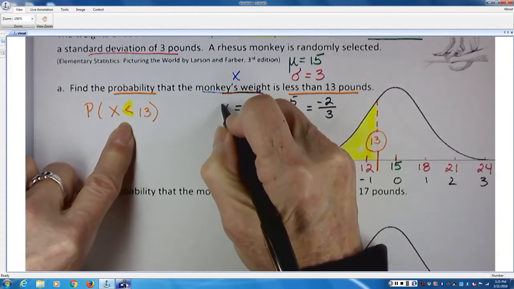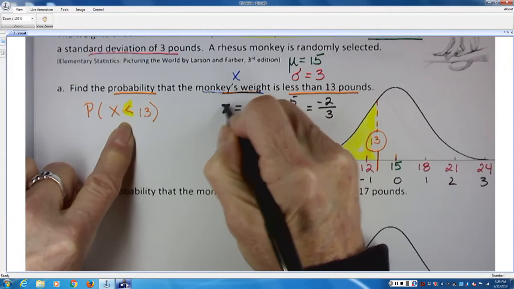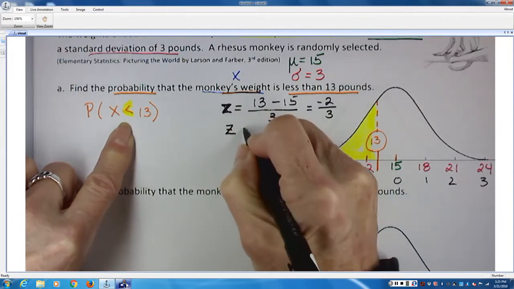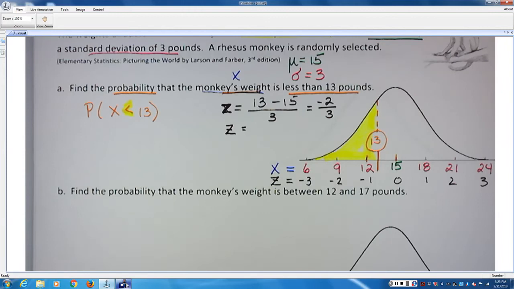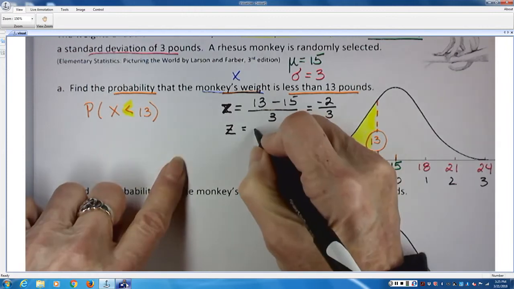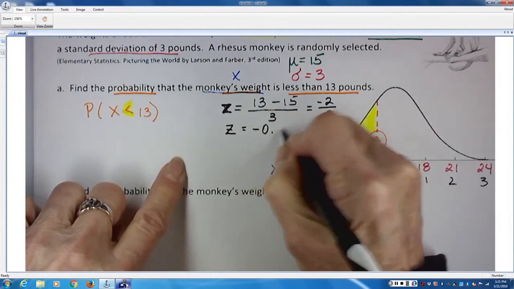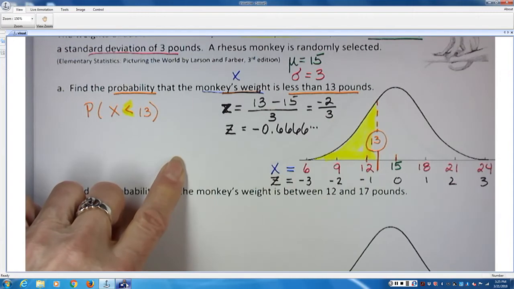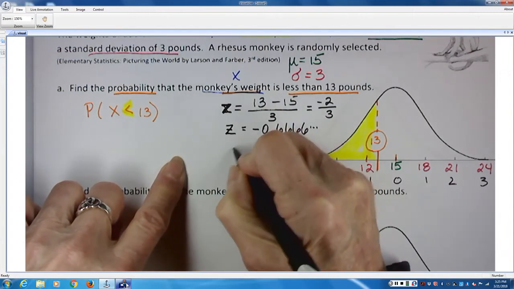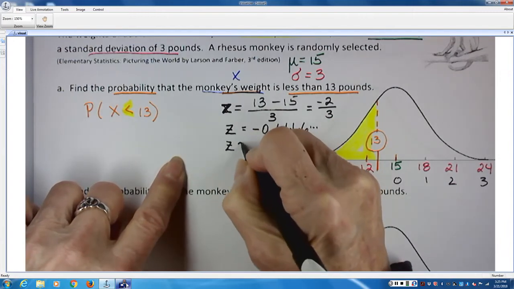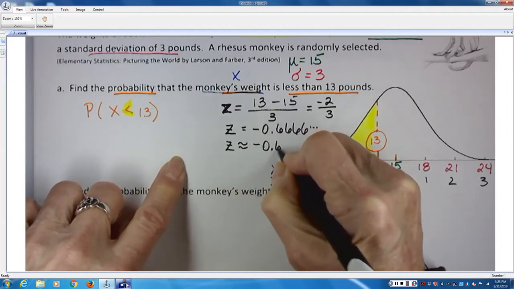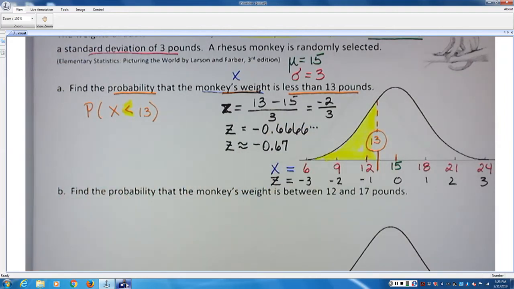I'm sorry, I put X, but that should have been Z. So Z, since it is not a nice fraction, -2 divided by 3, if you do that on your calculator, you're going to get 0.6666 forever. And we're going to have to round that off. And we're going to round it off to 2 decimals and say that it's 0.67.